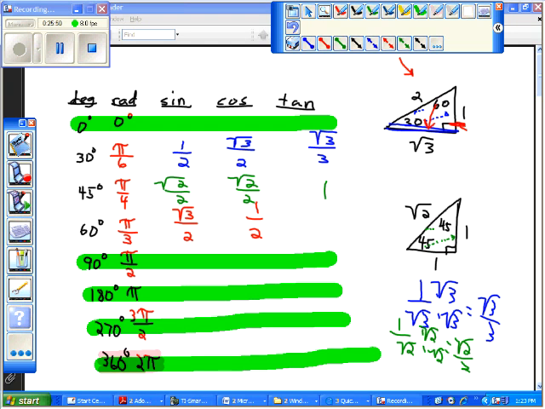The tangent of 60 is equal to the length of the leg opposite square root 3 over the length of the leg adjacent 1, and square root 3 over 1 is square root 3. So sine 60, square root 3 over 2. Cosine 60, 1 half. Tangent 60, square root 3. You memorize them.